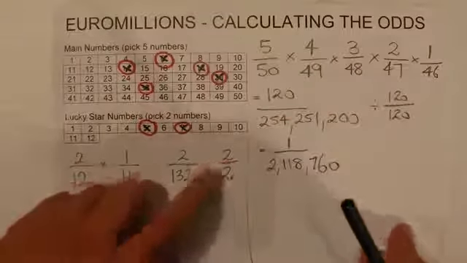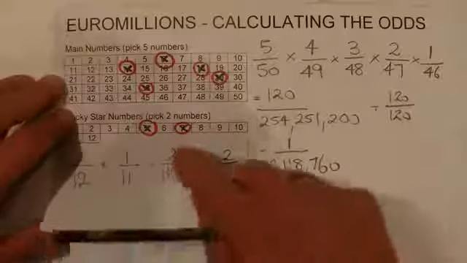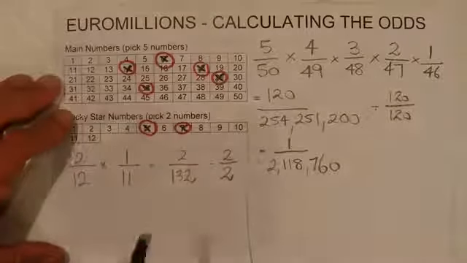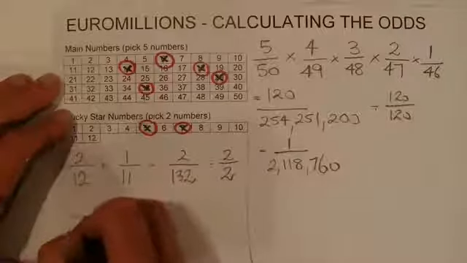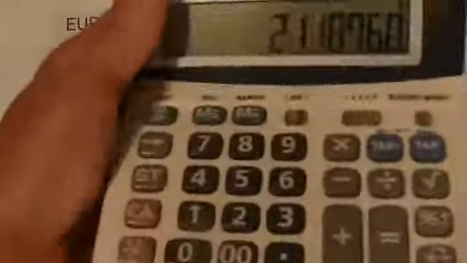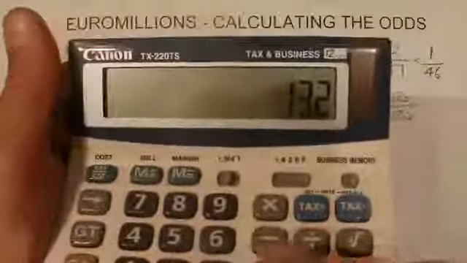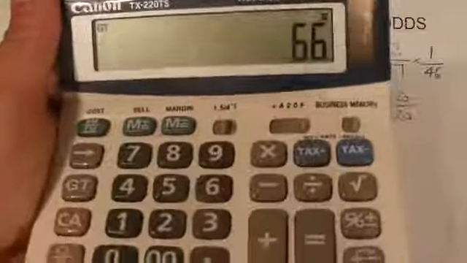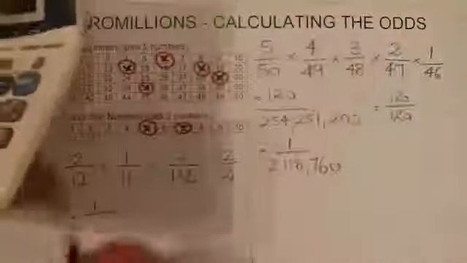We divide by 2 over 2, which is the same as dividing by 1. 2 divided by 2 is 1, and 132 divided by 2 is 66.